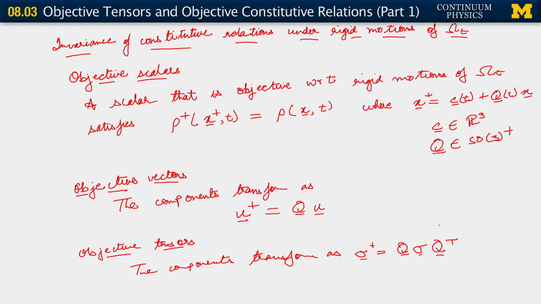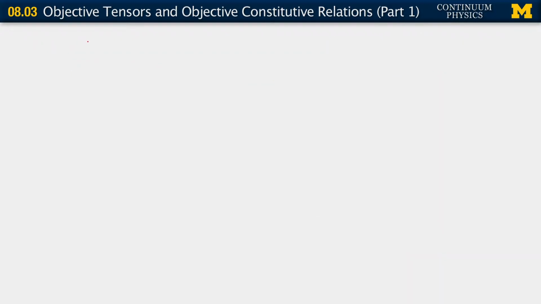All right. With this as background, let's consider an example now. Let's consider the example of the ideal fluid. Okay, and in particular, let's look at the ideal compressible fluid.